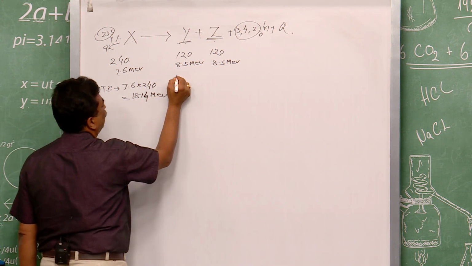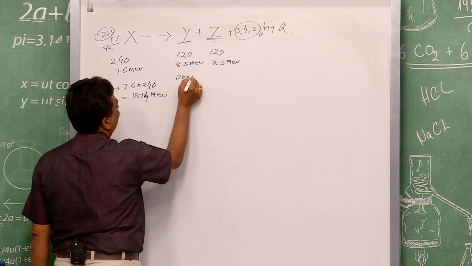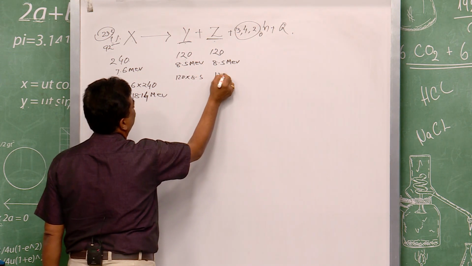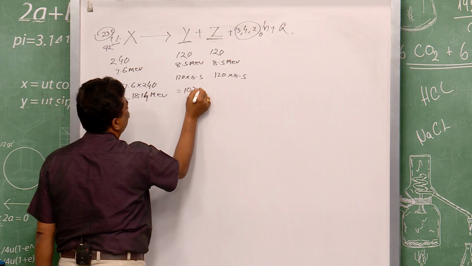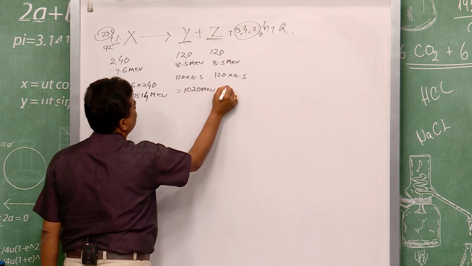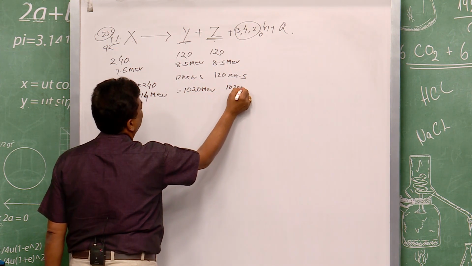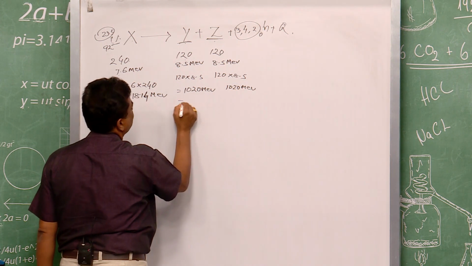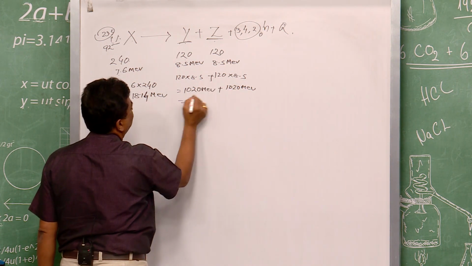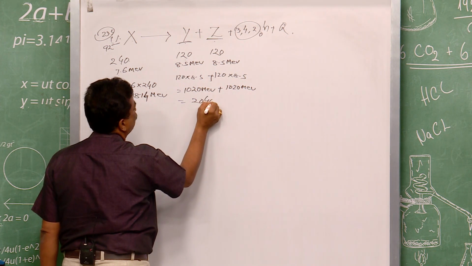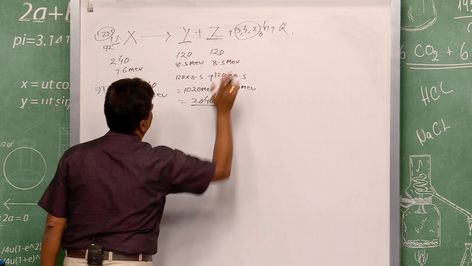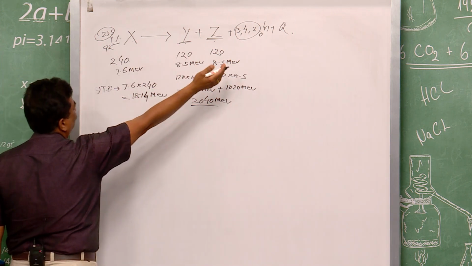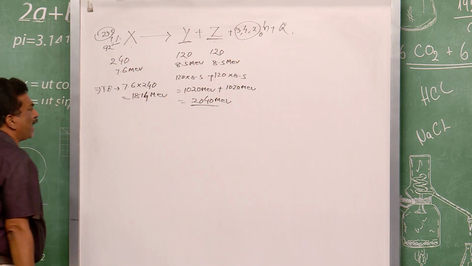And this is 120 into 8.5, and this is also 120 into 8.5, which gives 1020 MeV each. When these two are added, that gives 2040 MeV on the product side, the daughter nuclei, and this is the parent nucleus.